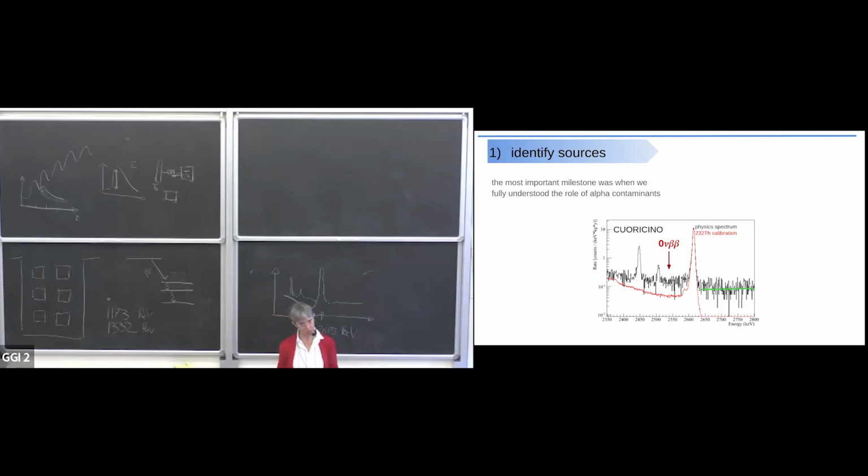I can do the same with a Monte Carlo simulation. I can run a Monte Carlo simulating what the detector should see when I have a contaminant here, or on this shield, or in a different position.